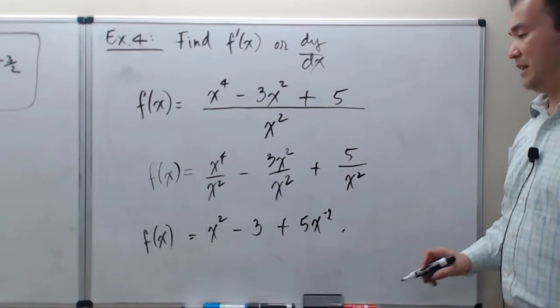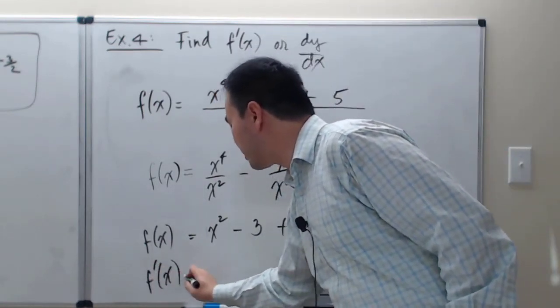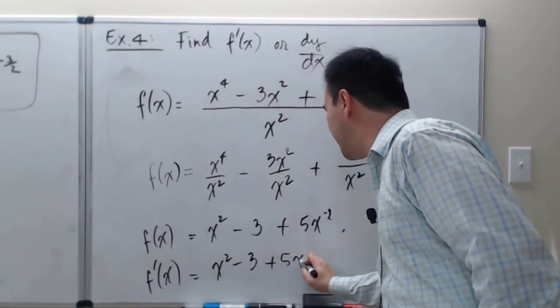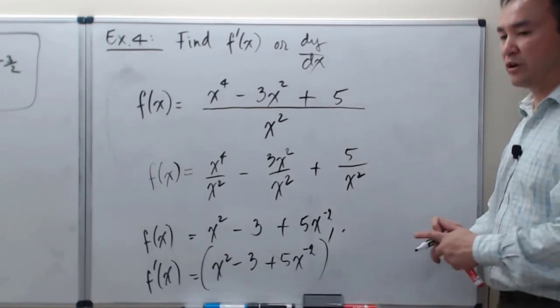Okay, and now for the derivative. Now we are ready for taking the derivative. All that: x squared minus 3 plus 5x to the negative 2 power. The whole thing is now ready for derivative work.